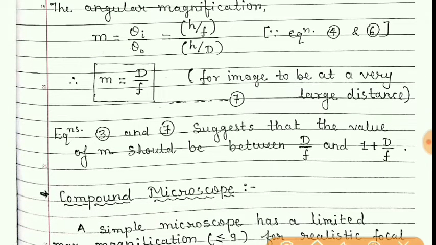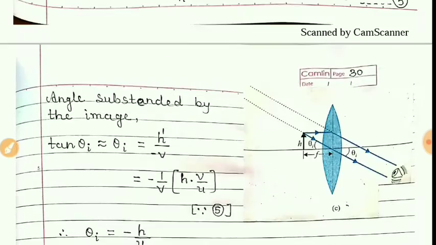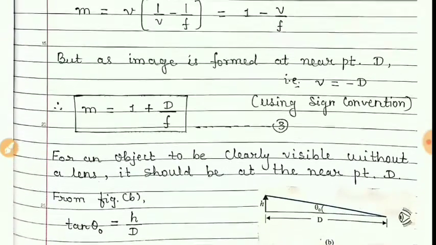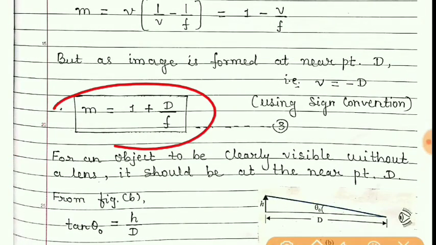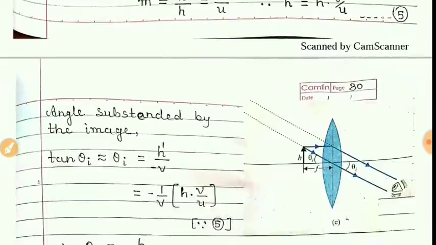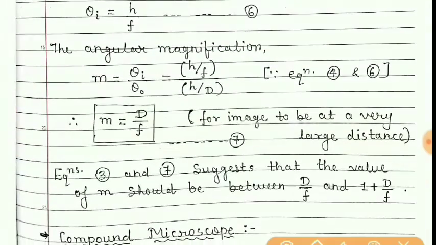So finally we can say that from equation number 3 and from equation number 7, what is equation number 3? Equation number 3 says that magnification is 1 plus d by f for near point. And when the image is formed at a large distance, it is d by f.